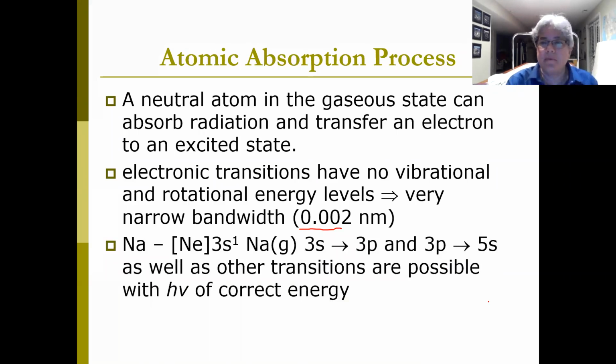So, for example, if I have sodium, we know the ground state configuration of sodium is a neon core 3s1. What we're talking about for absorption is this outer electron, that 3s electron, going to a higher energy state. What's a higher energy? Well, one of the higher energy orbitals, 3p, 5s. Those are the kinds of transitions we're talking about for atoms.